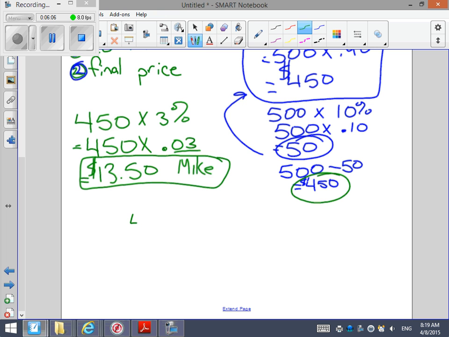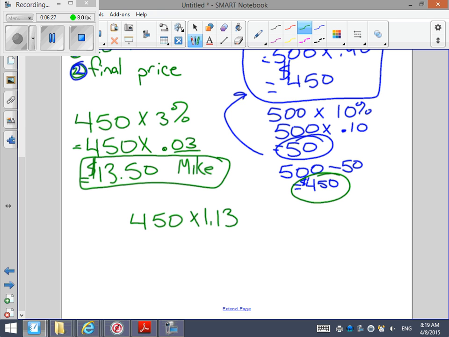We go back to the $450, which was the sale price, and then we have to add in the 13% sales tax. Again, there are two ways to do it: the long and hard way, or the much easier way. The much easier way is to multiply by 1.13.